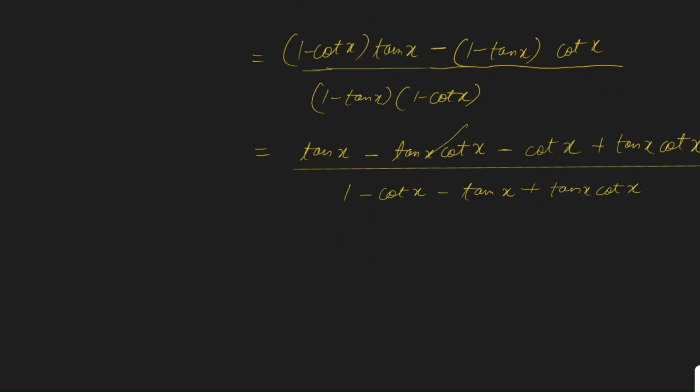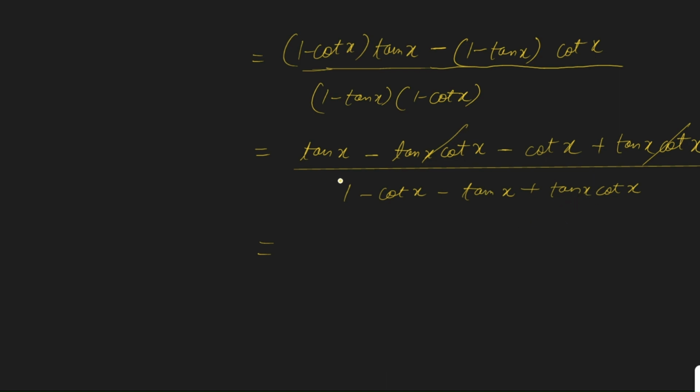So these can be cancelled out, and we have in the denominator this tan x plus cot x is going to be 1, because when you multiply tan and cot, they should give you 1, as tan x is the reciprocal of cot x and vice versa.